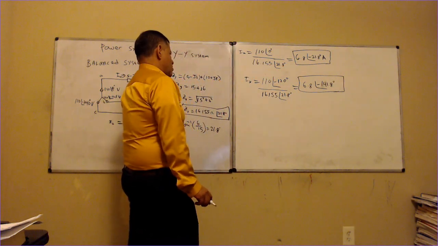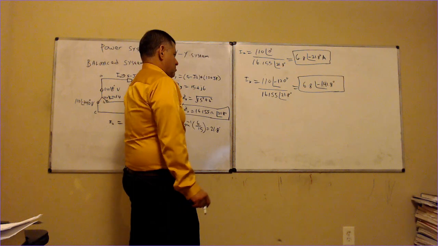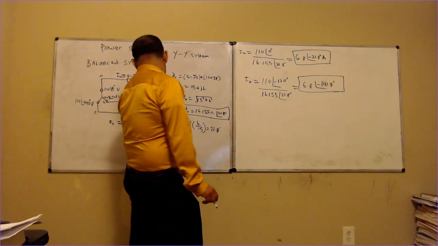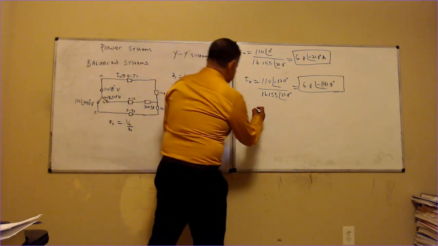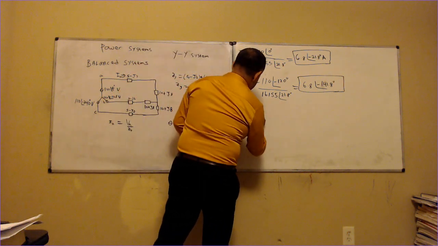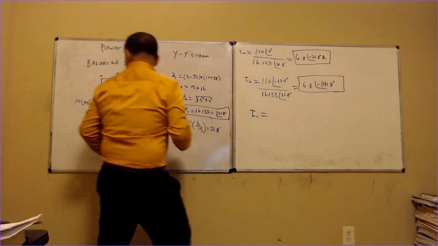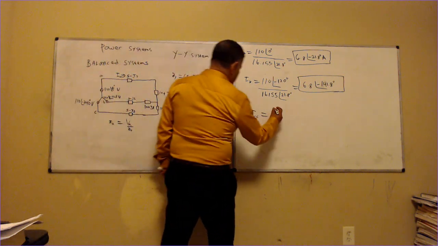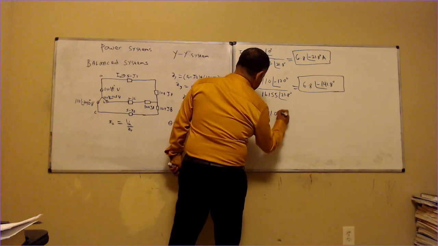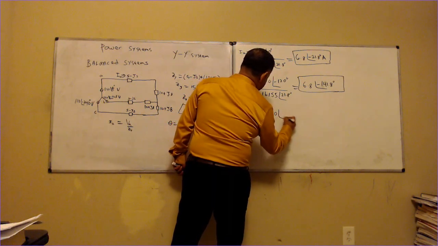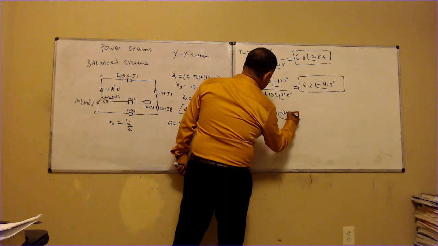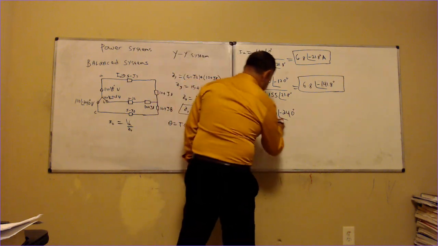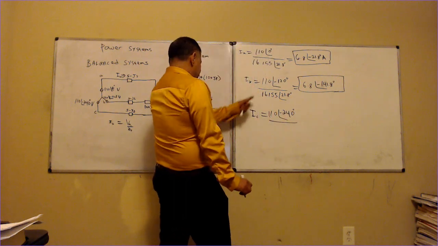Okay. So now let's do the next. Let's do IC. IC is equal to 110, I'm sorry, at an angle of negative 240 degrees. Doing the same thing, right?